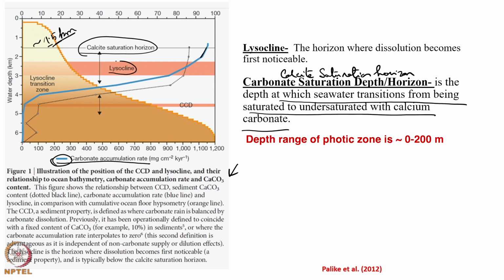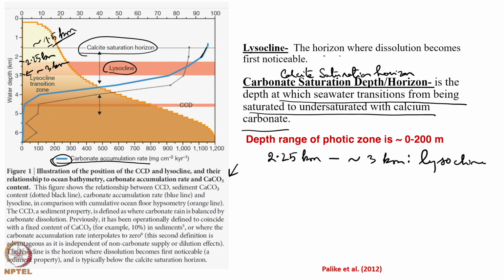The lysocline is a zone and the depth range can be understood. This is 2.25 kilometer and this is almost 3 kilometer. That means within 2.25 kilometer to almost 3 kilometer depth lies the lysocline.